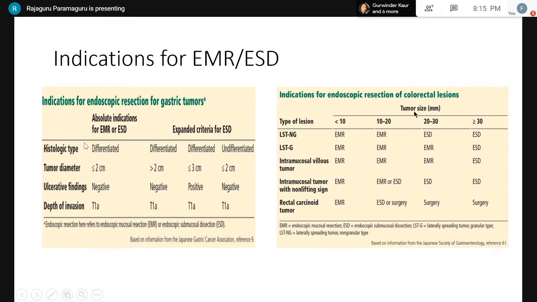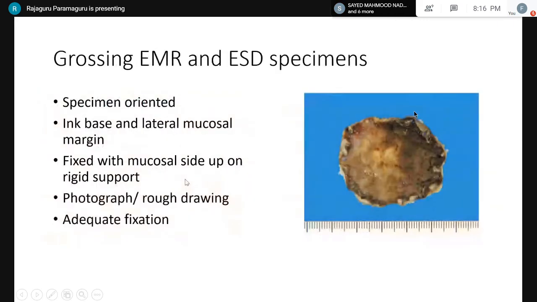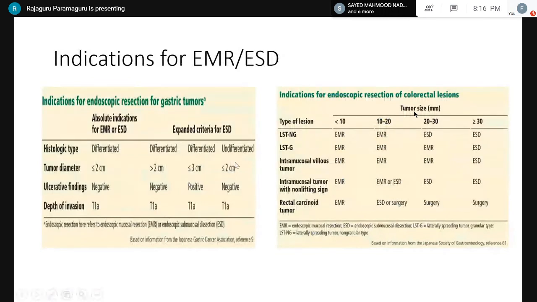And as I told, it is going to be performed in a gastric lesion for lamina propria or the muscularis mucosae invasion only. And they are done when the size of the lesion is less than or equal to 3 centimeter mainly. And in the colonic lesion, there are different indications, mainly for the adenomas.